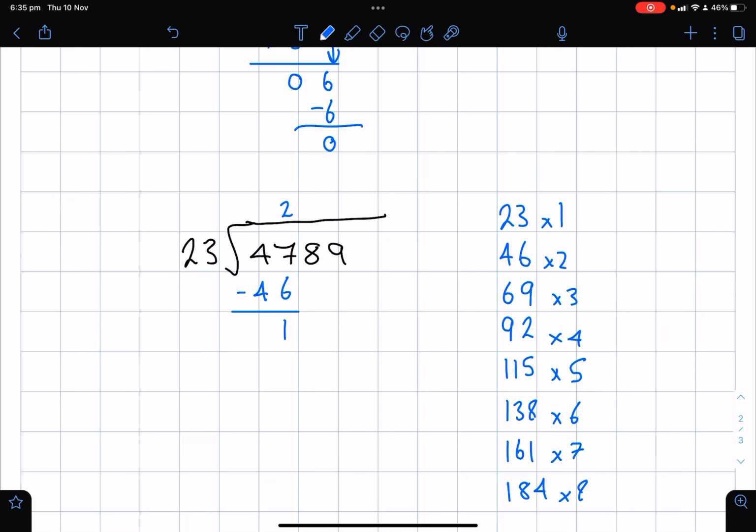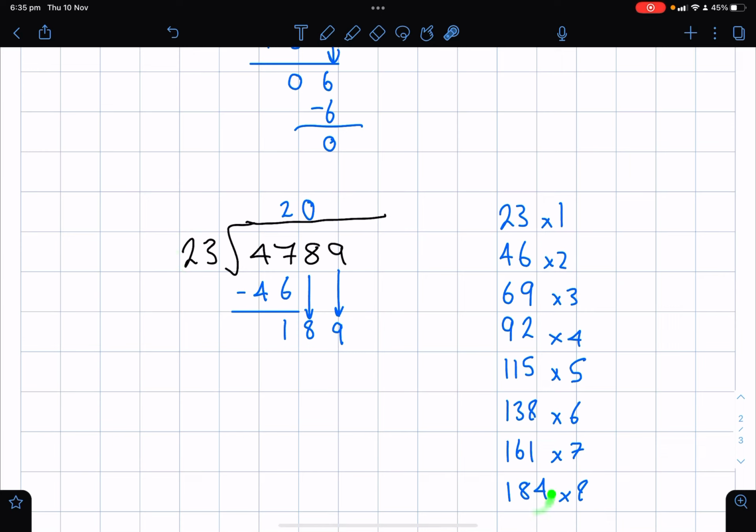Now, 47 take away 46 gives me 1. All right, and then remember in the example before, we brought down this 8. Now, how many times does 23 go into 18? Well, that's right, it doesn't, because 23 is actually a bigger number than 18 as well. So in this case, we need to bring down our 9 as well. Now, what that means, we have to put a 0 here because we didn't actually use this term by itself. We've had to bring the 9, so we put a little 0 there. Now we look at how many times 23 goes into 189.